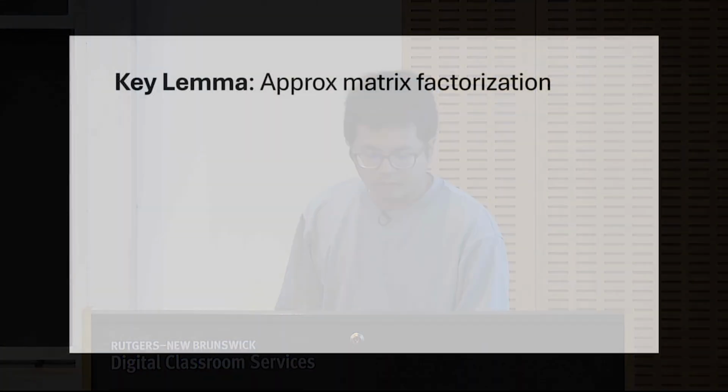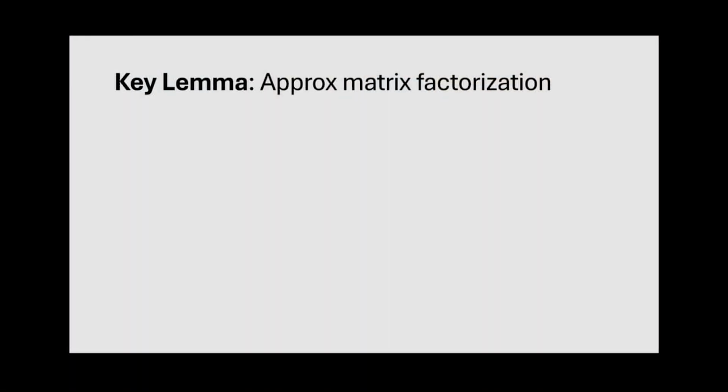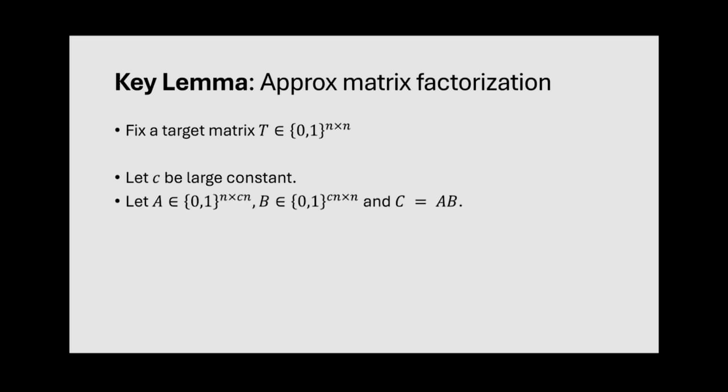Good. So that's the strategy, and here is the key lemma. The key lemma is about some kind of approximate matrix factorization. Given this target matrix T, let's say that C is some large constant, and A is going to be a matrix of size n by Cn.